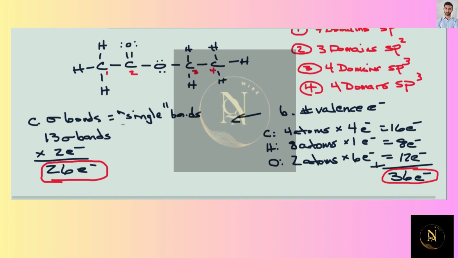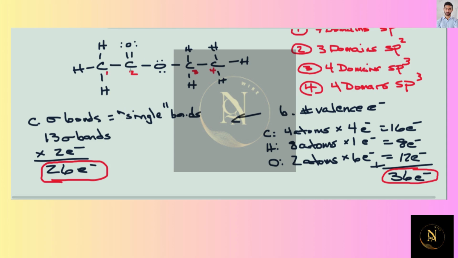Now, what about pi bonds? Pi bonds are the double part of a double bond or the double and triple part of a triple bond. So we take the sigma out. What's left is pi. There's only one double bond.